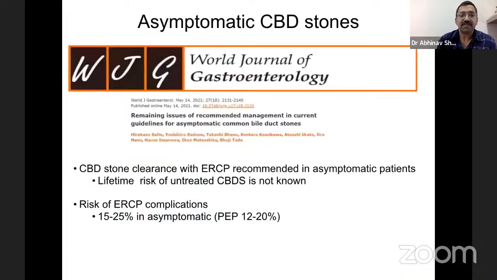So this was as far as symptomatic gallstones were concerned. But for asymptomatic also, CBD stone clearance with ERCP has been recommended, since we do not know the natural history of untreated CBD stones. The problem is ERCP-related complications, which are more in asymptomatic cases. In symptomatic, the highest frequency of complication is 15%, but in asymptomatic CBD stones the complication rate may go up to 25%.